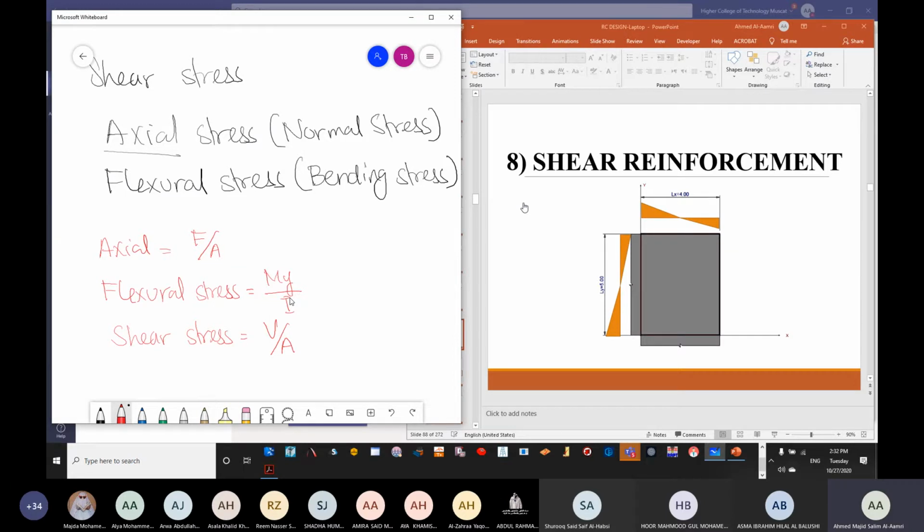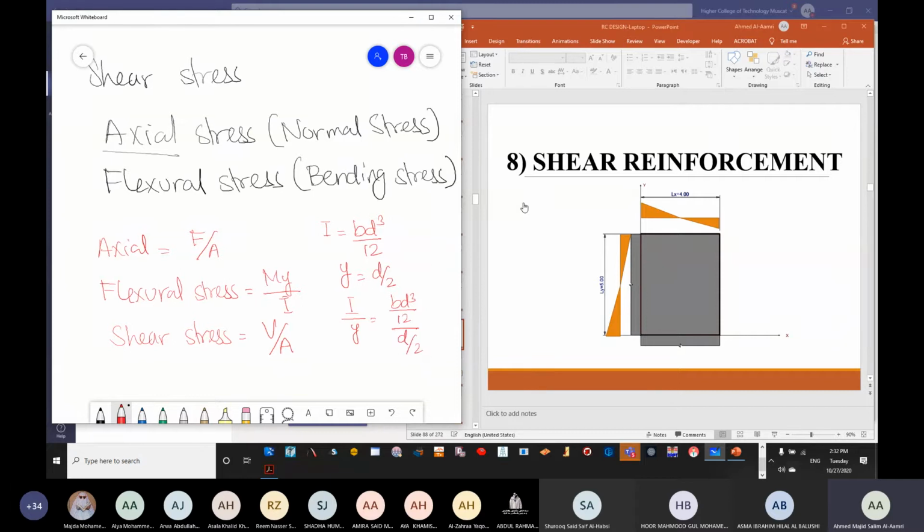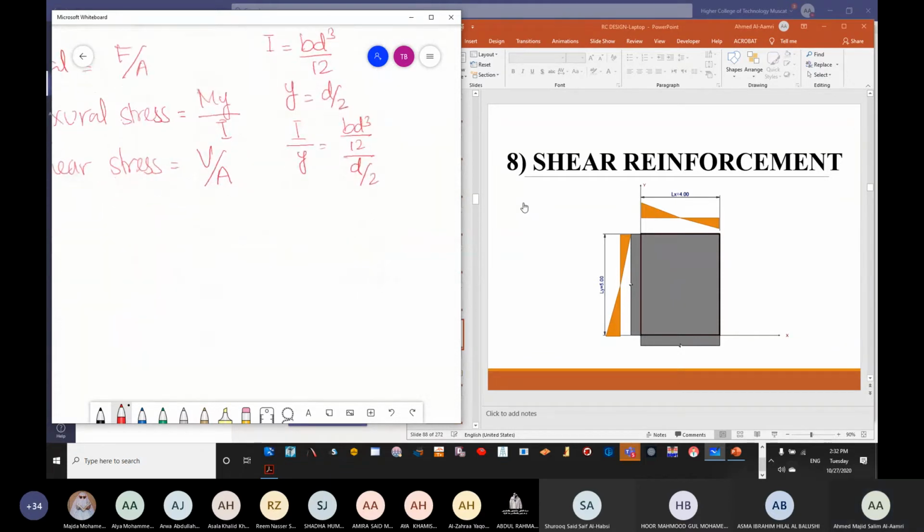Where I is equal to BD cube over 12, and your y is equal to D over 2. So if you have I divided by y, then this is going to be BD cube divided by 12 divided by D over 2, which eventually gives you BD square over 6, and this is whatever we call the Z value.